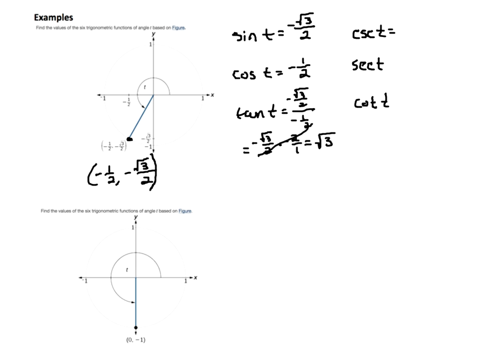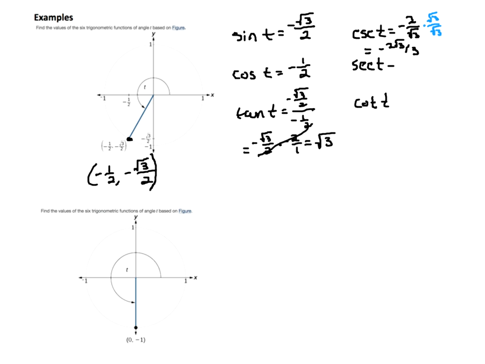Okay, the cosecant is the reciprocal of sine, so -2 over the square root of 3, I've got to rationalize. That's times square root 3 over the square root of 3, which gives me -2 square root 3 over 3.